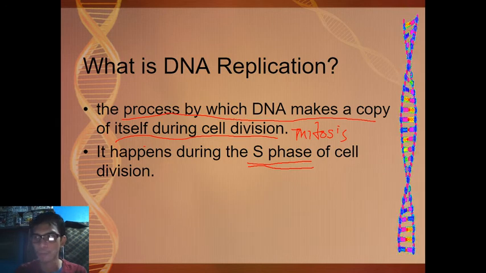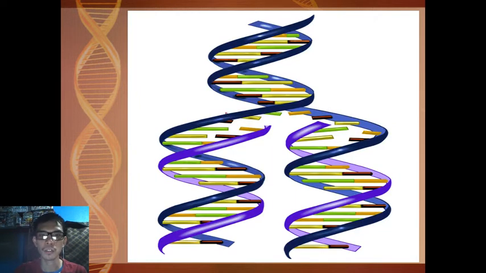In this picture, in summary, DNA replication looks like this. It is just uncoiling itself and creating a new strand out of the parent strand. This is your parent strand, and this is the new strand that is created.